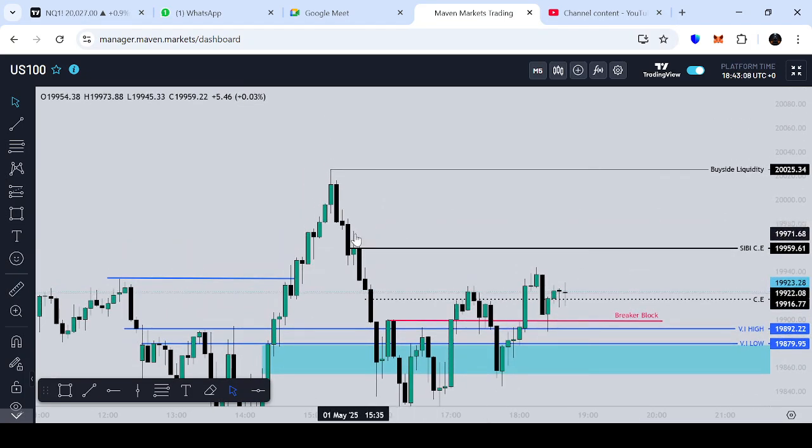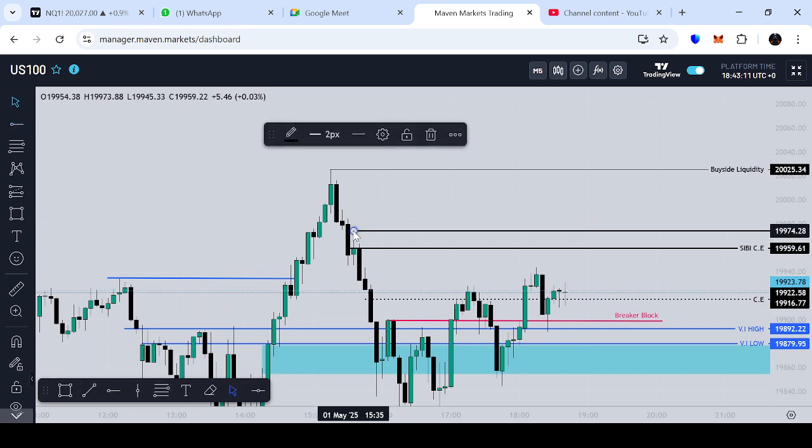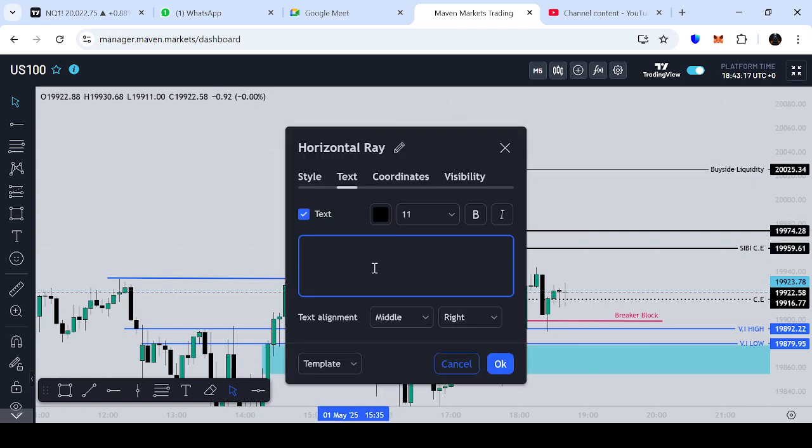A little buy side liquidity. That's minor buy side liquidity there. The high of that bullish candle there is a minor buy side liquidity.